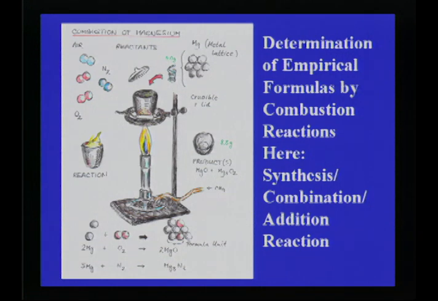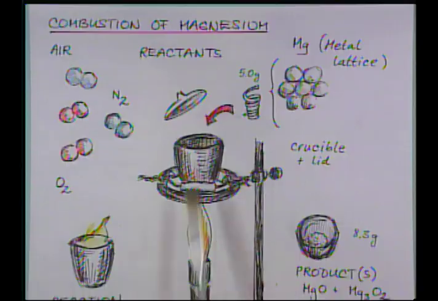You see here in the overhead that we have a crucible on top of a ring stand, and we heat up a certain pre-weighed amount of magnesium, put it in the crucible, and then let it react with the air.